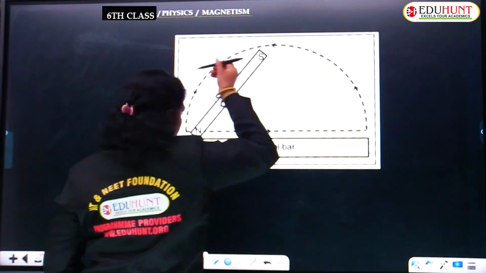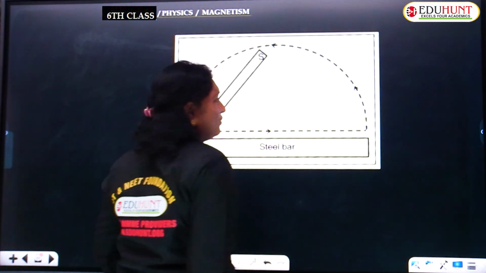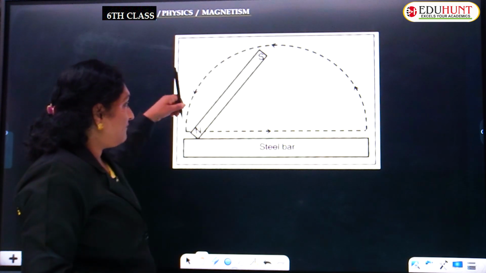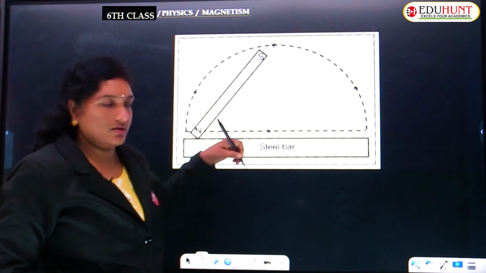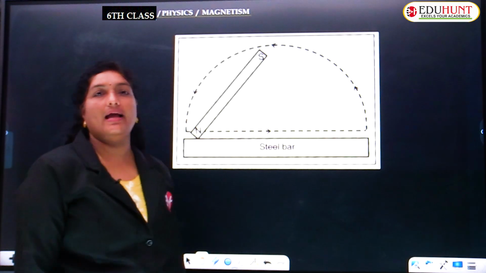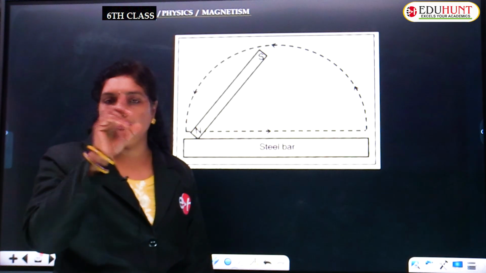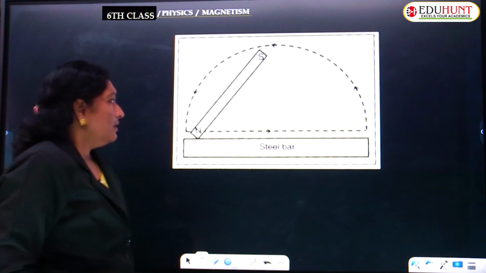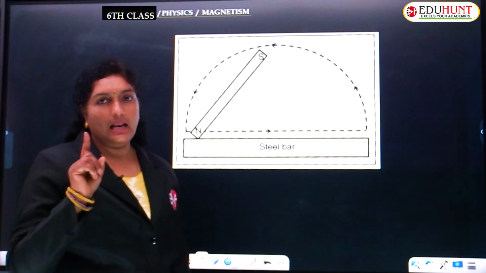Again remove it, again hold this and move on continuously in one particular direction. So you are continuously rubbing the steel bar with the help of a north pole in one particular direction, using one single magnet.